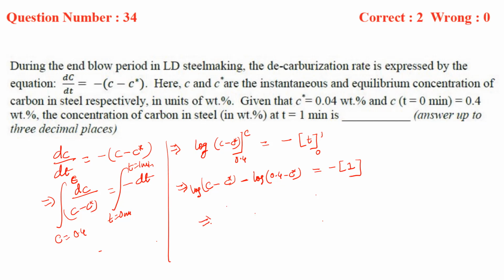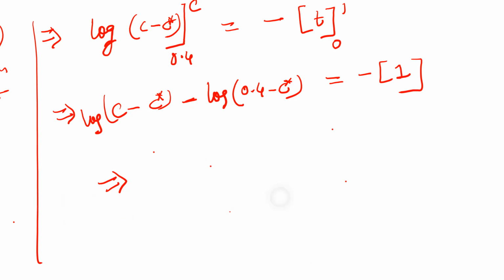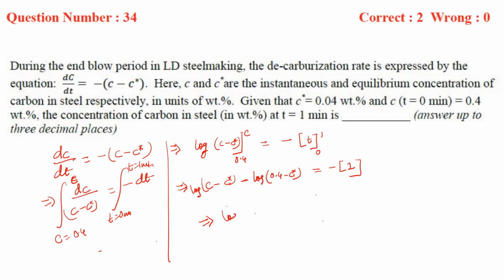Okay, so this implies log of (C minus 0.04) over (0.4 minus 0.04) equal to minus 1.